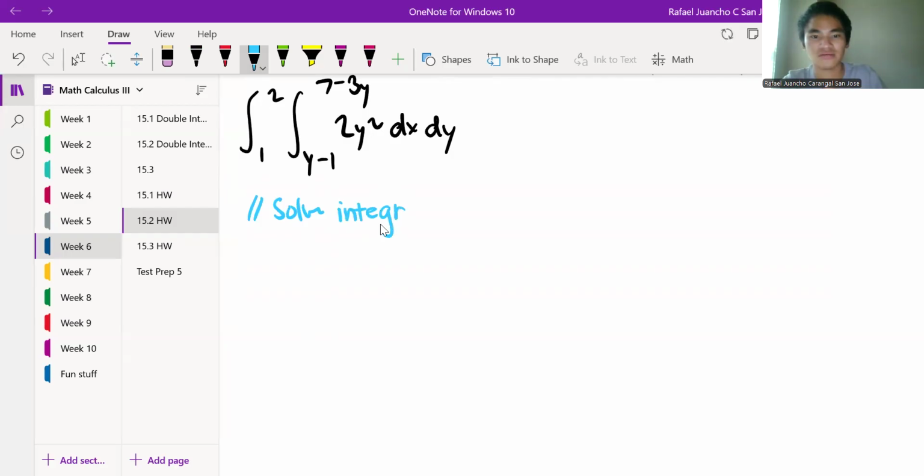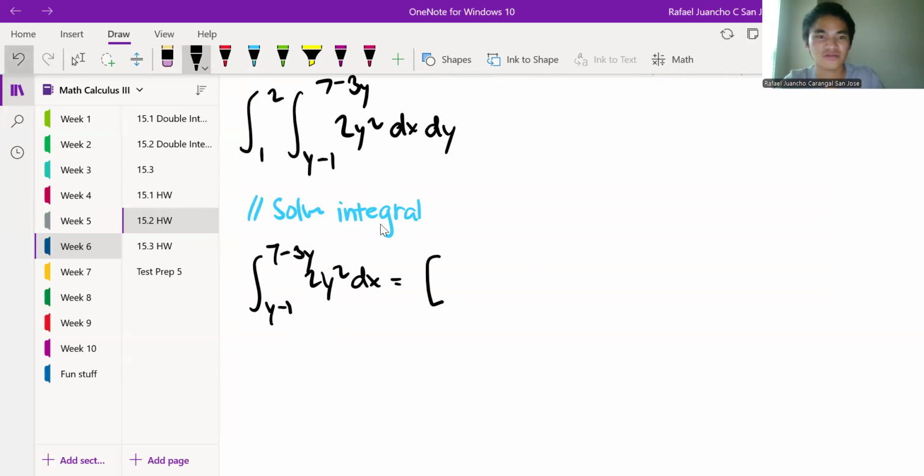How would I do that? Well, so this gives me the integral from y minus 1 to 7 minus 3y of 2y squared dx. This is a constant, so I can just directly integrate it out, right? So I get 2y squared times x evaluated from y minus 1 to 7 minus 3y.